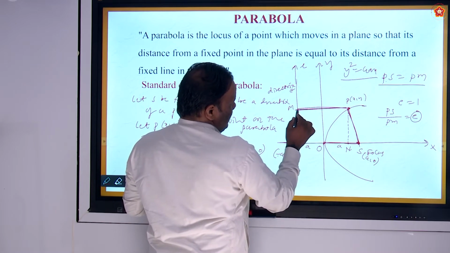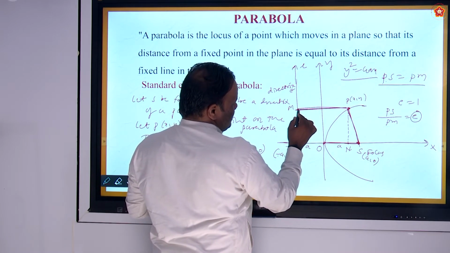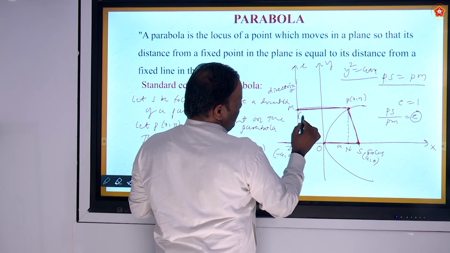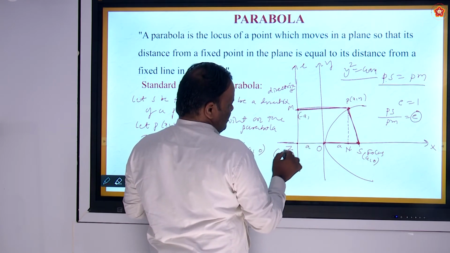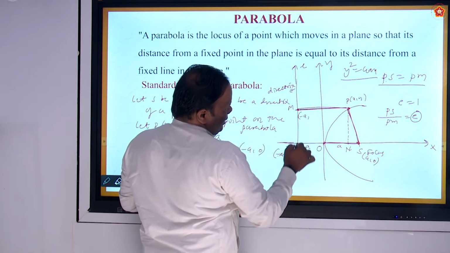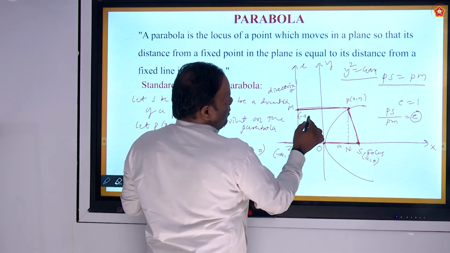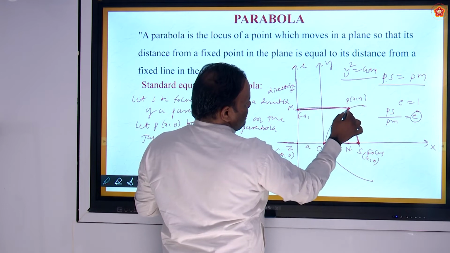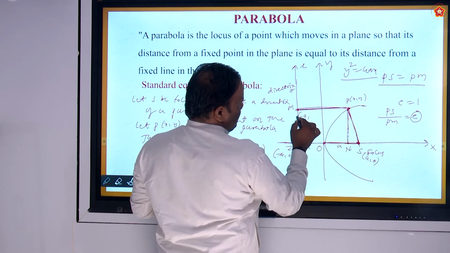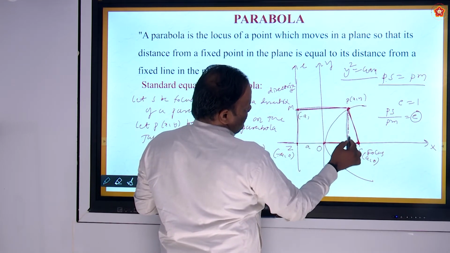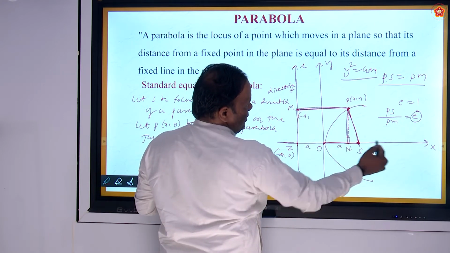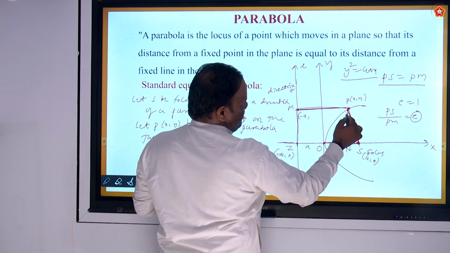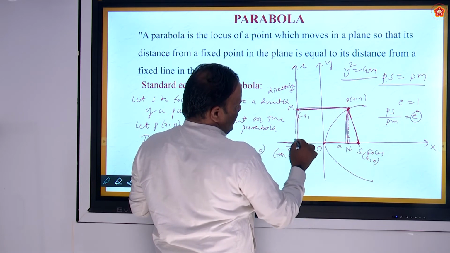Correct. Here, take any point on the line L. The x is always minus a, because the directrix is x equal to minus a. What about y here? These are both equal. Draw PN perpendicular to the x axis, which means PN is the same as ZM or MZ.